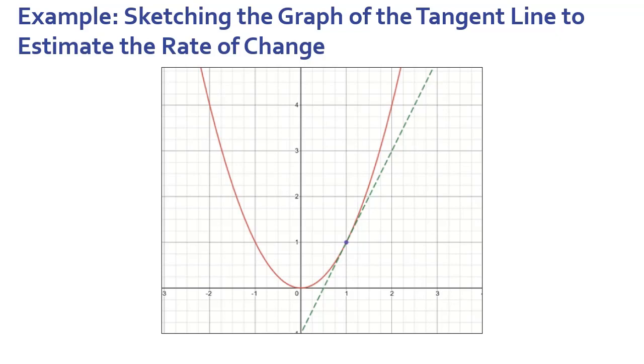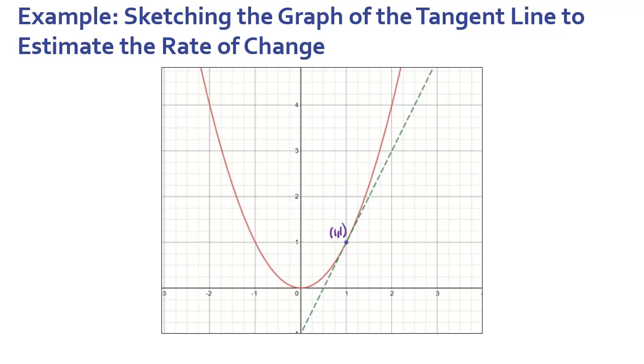If I wanted to find the rate of change at a specific point on the graph, so let's say I'm trying to find that rate of change right here at this point in purple, which is 1, 1, one way is to sketch the graph of the tangent line by eyeballing it. Using a straight edge, I've graphed that tangent line in dashed green. Again, tangent means touching.